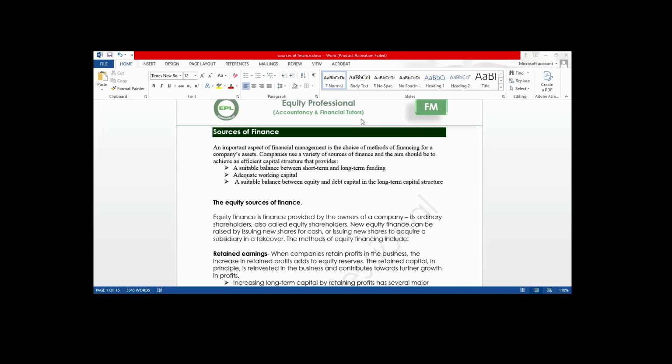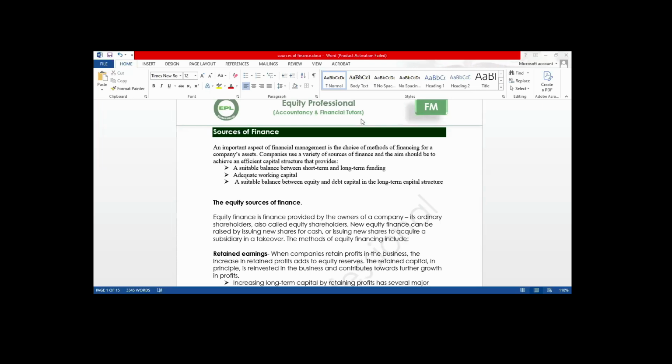A critical aspect of financial management is the choice of the method of financing companies' assets. Companies use a variety of sources of finance.